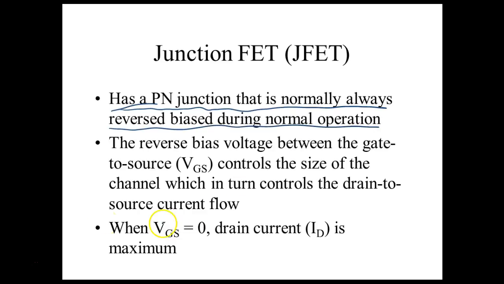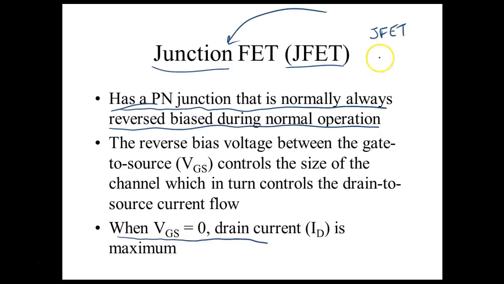And of course, what we're talking about is a junction FET. So we have several categories of FETs we're going to look at. The two major categories are what we call a JFET, which stands for junction field effect transistor, and then something else we call a MOSFET. This stands for metal oxide semiconductor field effect transistor.